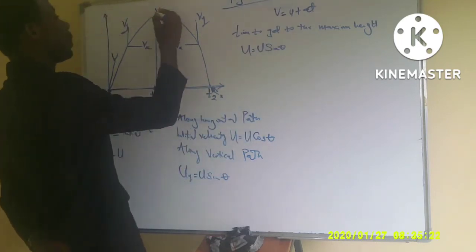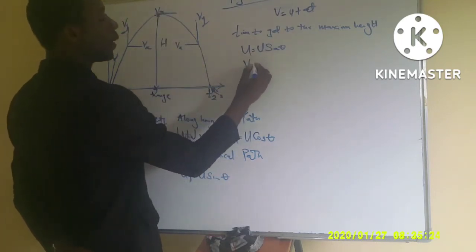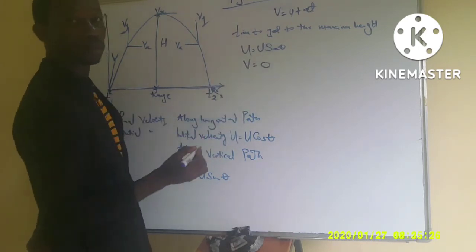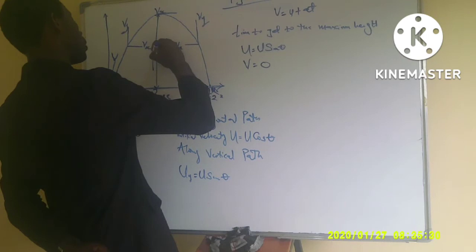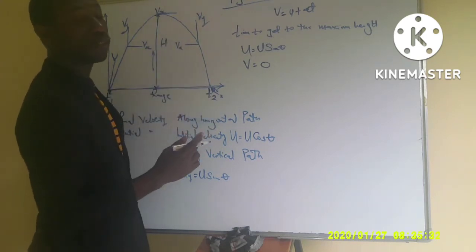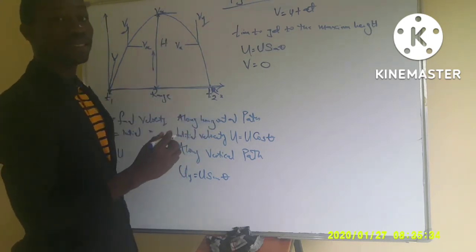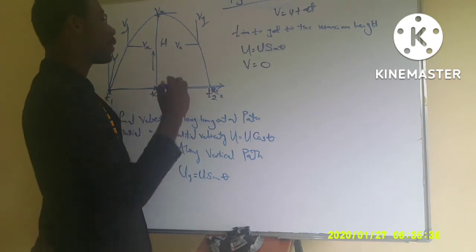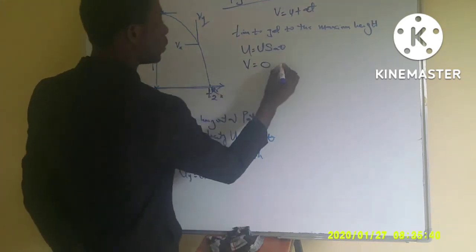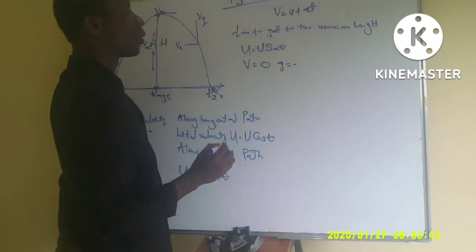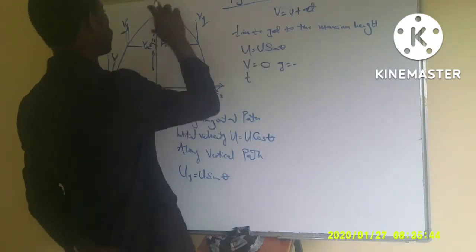Now, when it gets to the maximum height, the final velocity is 0. The acceleration with which it goes up is the acceleration due to gravity. It's negative because it's acting against gravity. So g is negative. So what is the time taken to get to this maximum height?